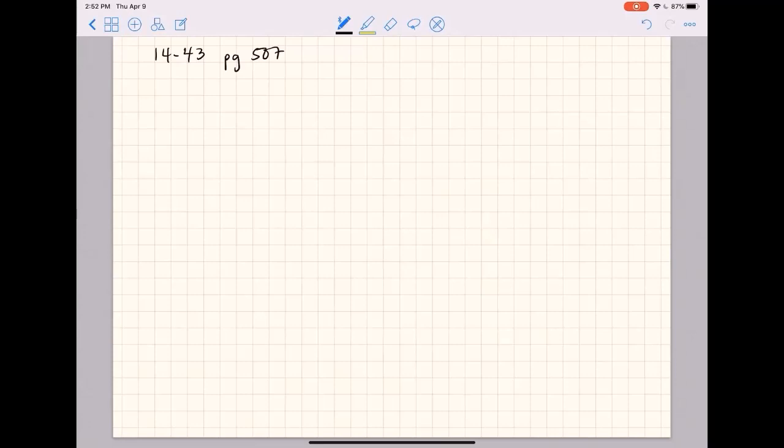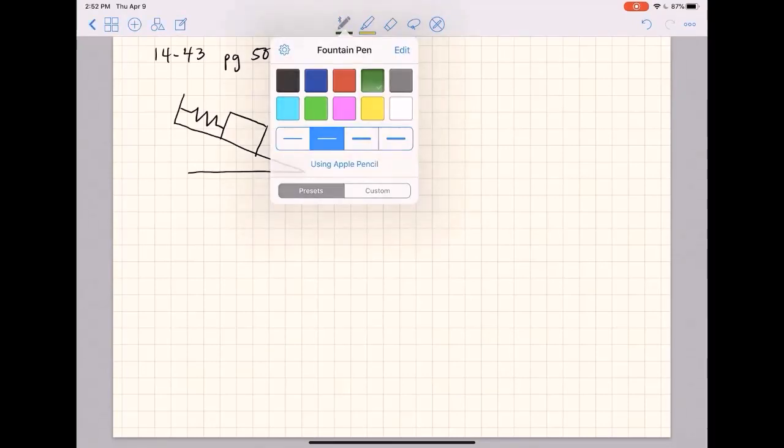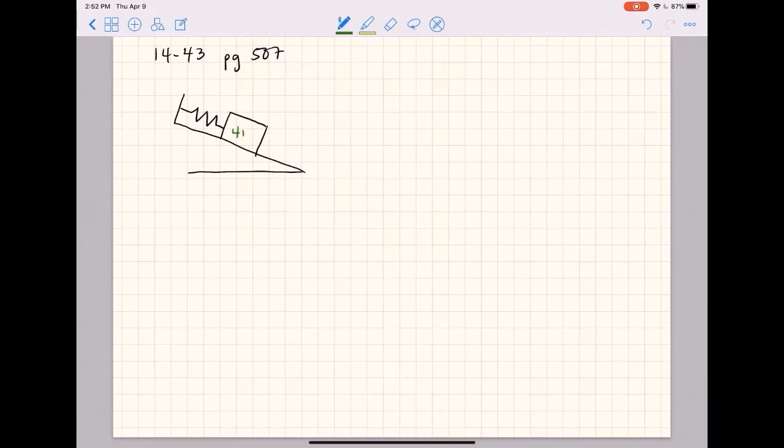So I'm going to draw the setup that we have. We just have a slope here with a block on this slope, and a spring that is compressed. We know that this block is 4 kilograms.